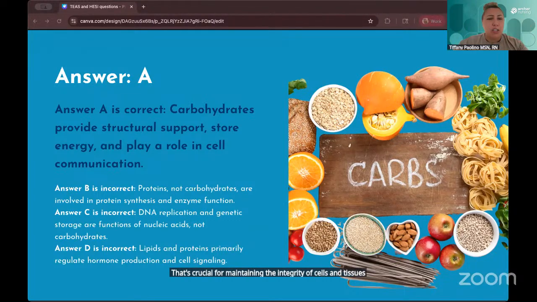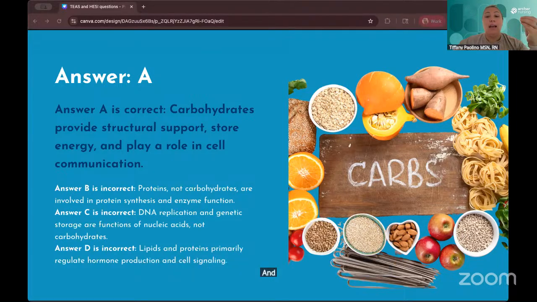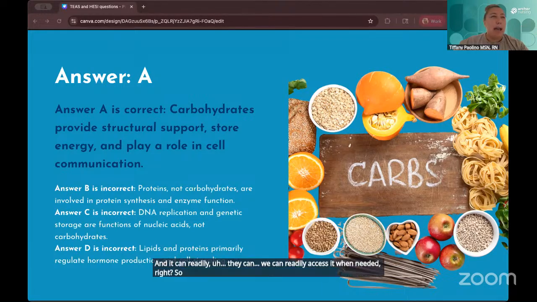Next, energy. Maybe you were looking for that energy answer, but it wasn't there. They store energy in our body and we can readily access it when needed. If we don't have carbs, our energy levels would be a little inconsistent.